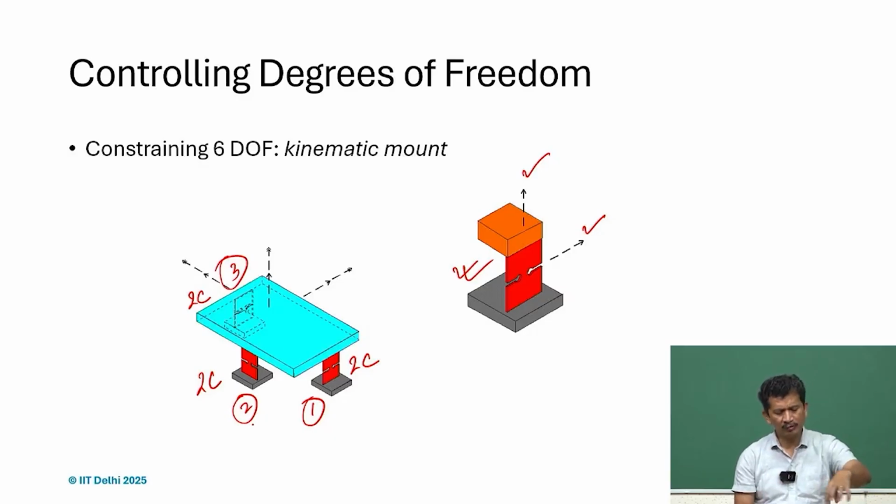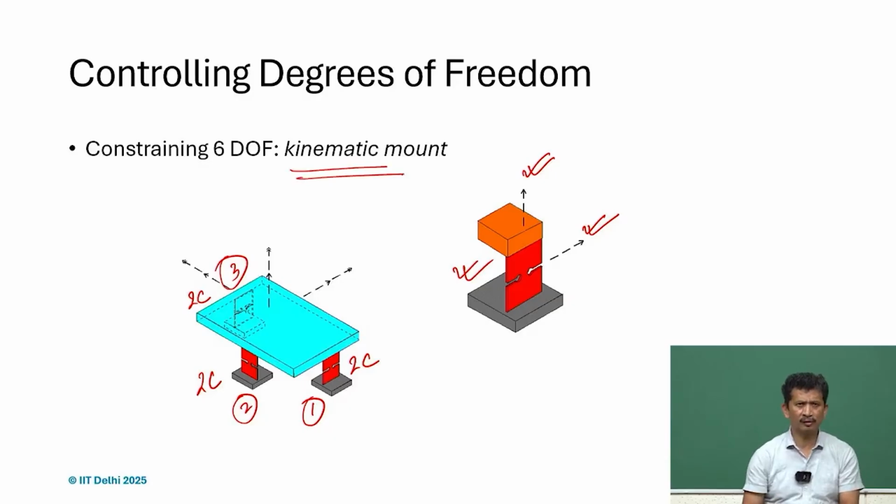But if we put it in this way, we can always resolve into two translation constraints, and then it is like 6 constraints as we see in the V grooves design, and we can get a very good solution, used in many cases wherever we want to design a mount for any precision application or precision instrument.